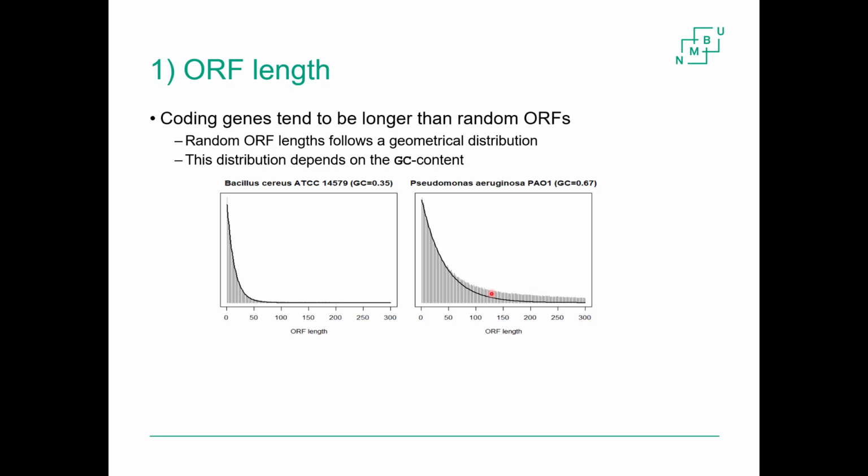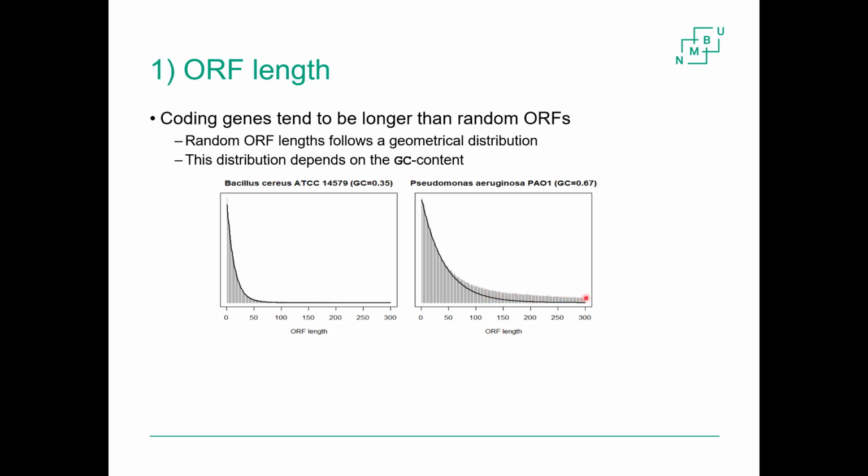And what we see here is that when we get to the longer lengths, there are relatively many more of them in reality than it should have been if this was purely statistically random, right? That's the black curve. But the gray is what we see in reality. So it means that in any biological genome, you could say, the long ORFs are overrepresented.